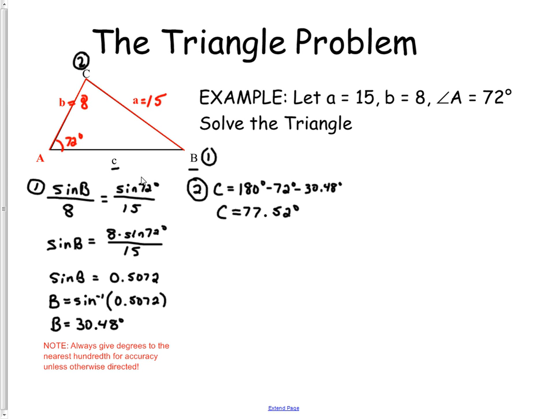So that leaves us with side C as the last step. If I'm going to solve for side C, I'm going to use the other version of my law of sines, the one with the sides on the top.